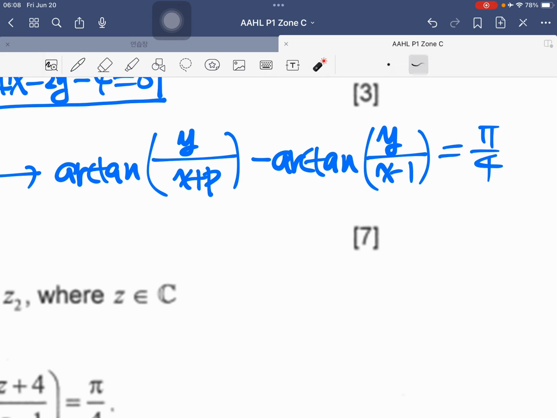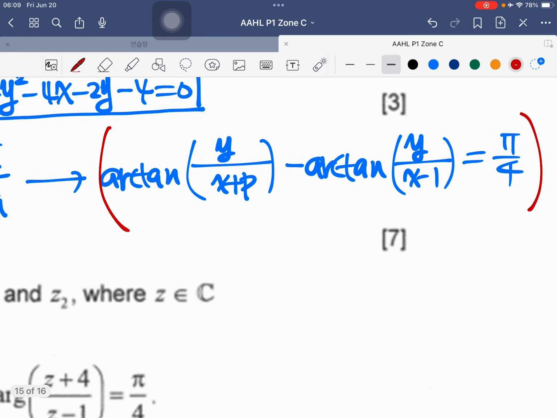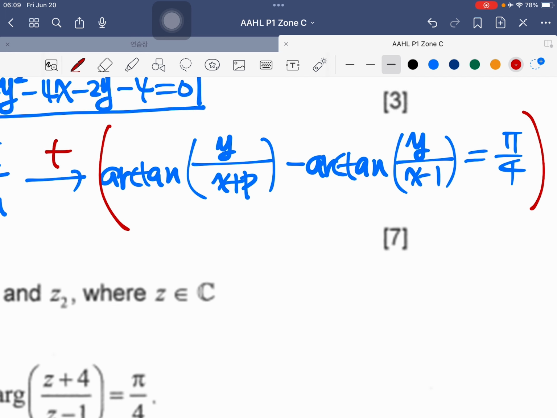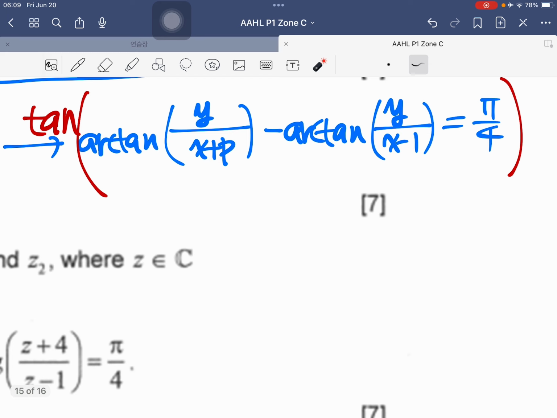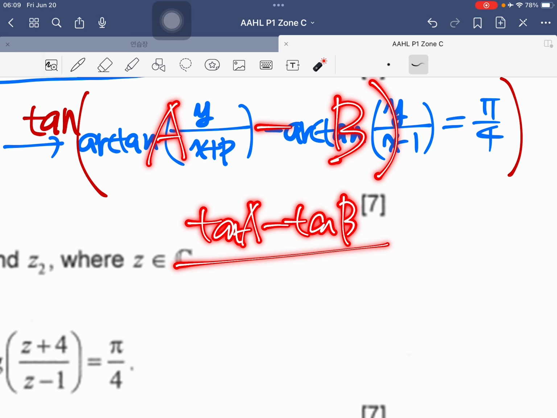When there are two arctangents like this, we can take tangent on both sides, and then use the compound angle identity of the tangent. So we take tangent on both sides. The left hand side will be tan(A minus B) equals (tan A minus tan B) over (1 plus tan A tan B).